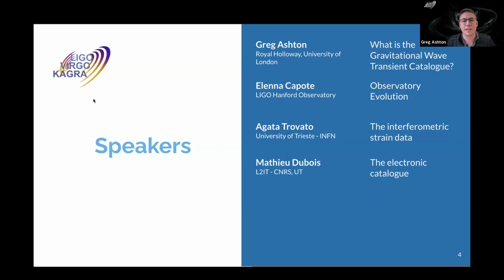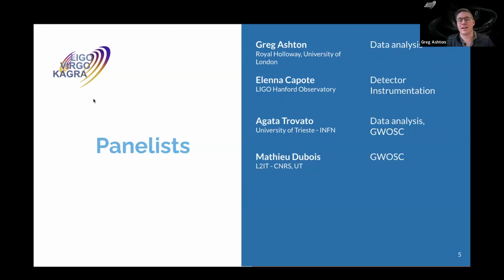And then finally, Matthew Dubois from L2IT, I'm never sure quite how to say that, who will be our expert on the electronic catalog. This is their expertise, so a wide range of things here. Myself, I work mainly on data analysis, Elena on the detector itself, Agata on both data analysis and also GWOSC, which we'll be introducing, and then Matthew on GWOSC as well.